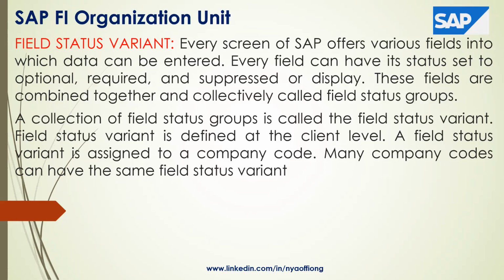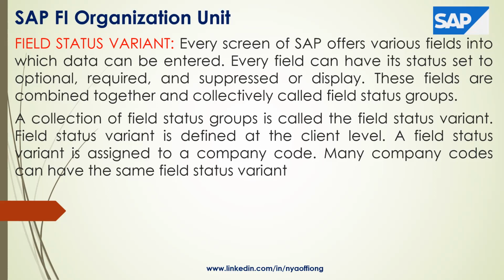Field status variant. Every screen of SAP offers various fields. Now, every field can have a status set to optional, required, and suppressed. This is controlled by the field status variant. A collection of field status groups is called a field status variant.